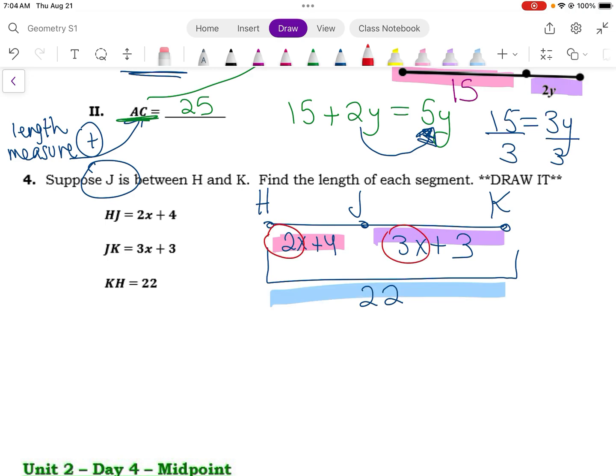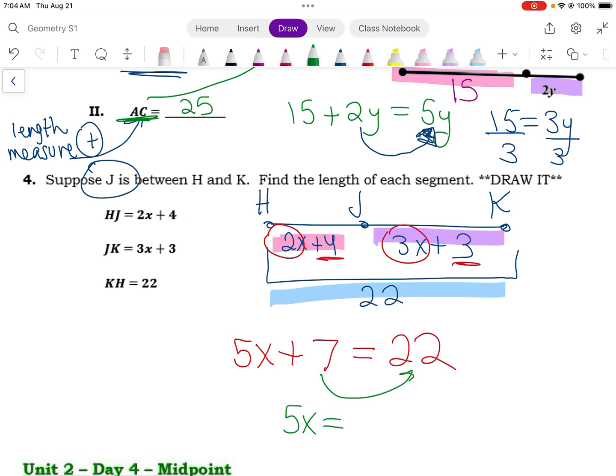So let's combine like terms. I have 5x, I have 4 and 3, which is 7, and that equals 22. So first I'm going to subtract 7 from both sides, and 22 minus 7 is 15. And then I'm going to divide by 5, kind of similar to the last one, and x equals 3.